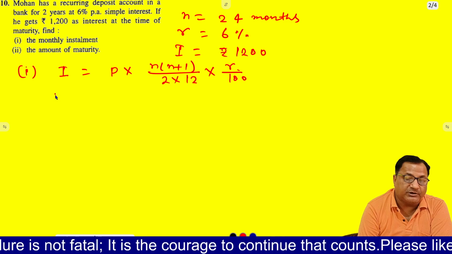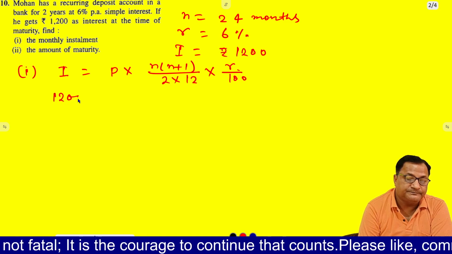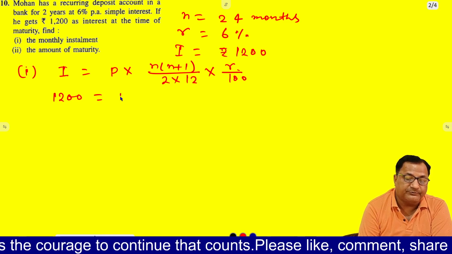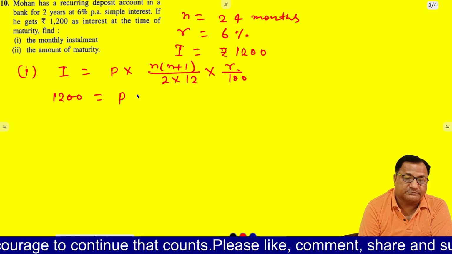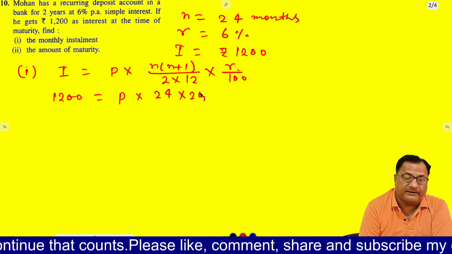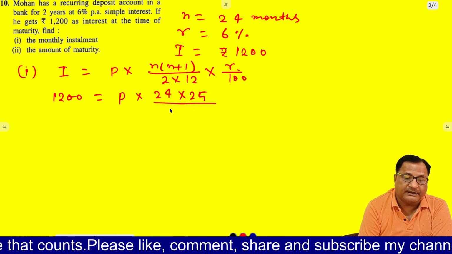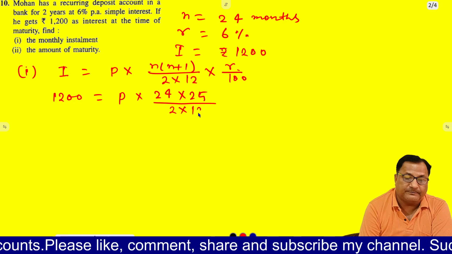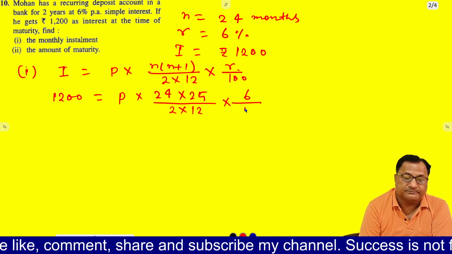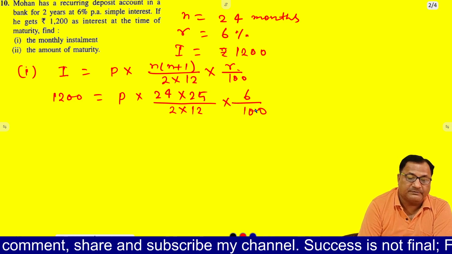I is equal to 1,200, equal to P, P we have to find, into 24 into 25 by 2 into 12, into R is 6%, so 6 by 100.